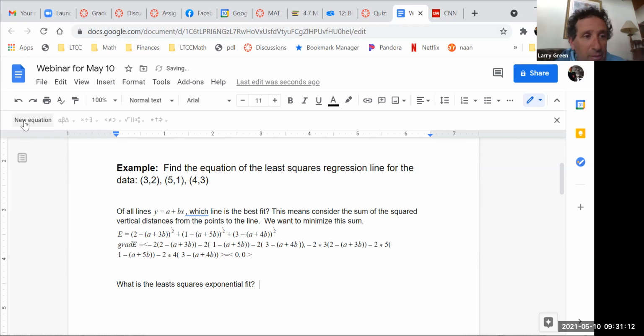Where when I say exponential, I mean y equals, and I'll just use a and b again, a e to the bx. Isn't that kind of a standard exponential equation? Any questions on that idea?